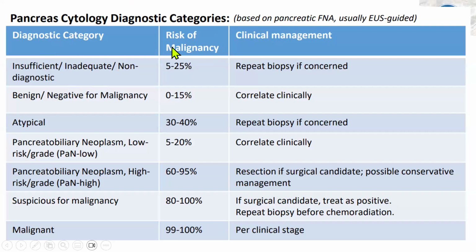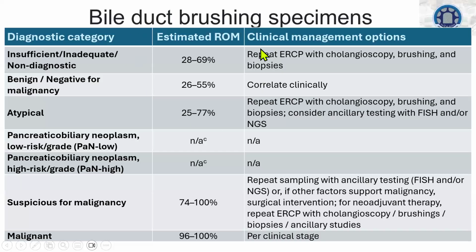For the risk of malignancy and clinical management, the WHO has again divided pancreas and biliary into two charts. This is the chart for pancreas cytology, and this is the chart for bile duct brushing. Why I'm emphasizing this is, even though the WHO says pancreato-biliary cytology, there is a little difference between them.